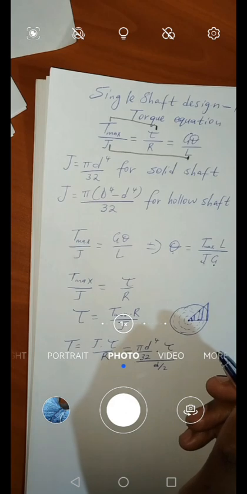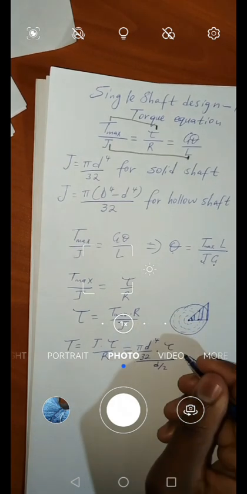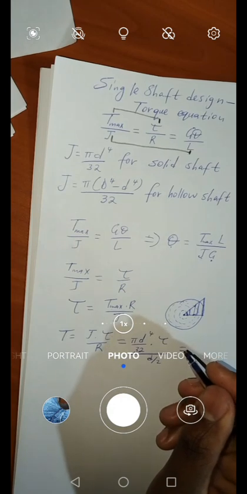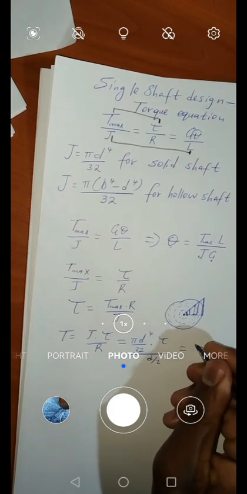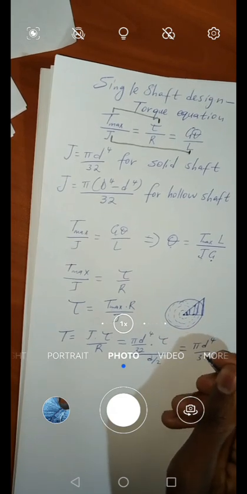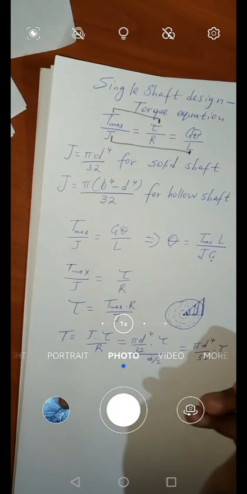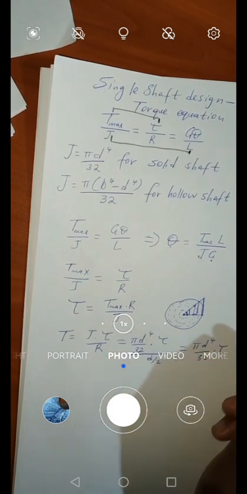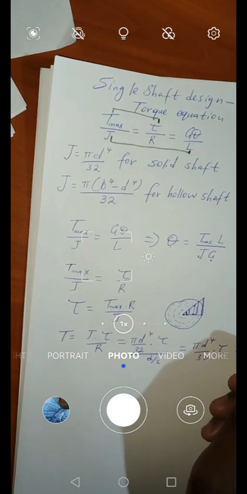So when you simplify from here, let me not confuse you, let me just do it like this. This is divided by d over 2, but I'm going to change that divide to multiplication.